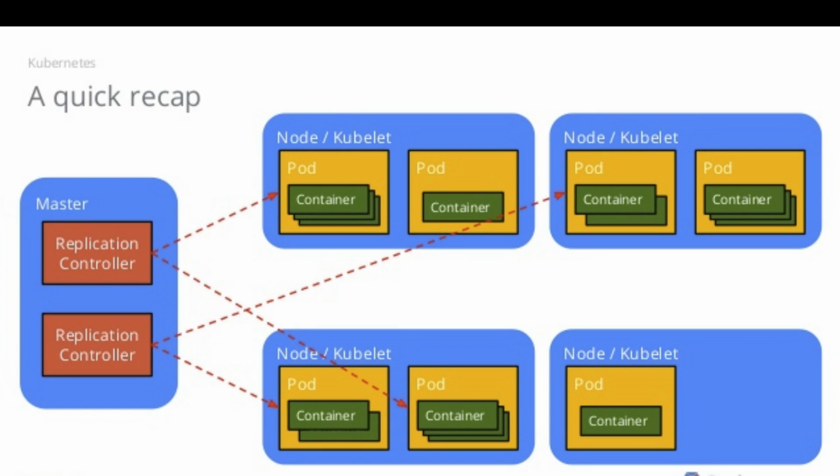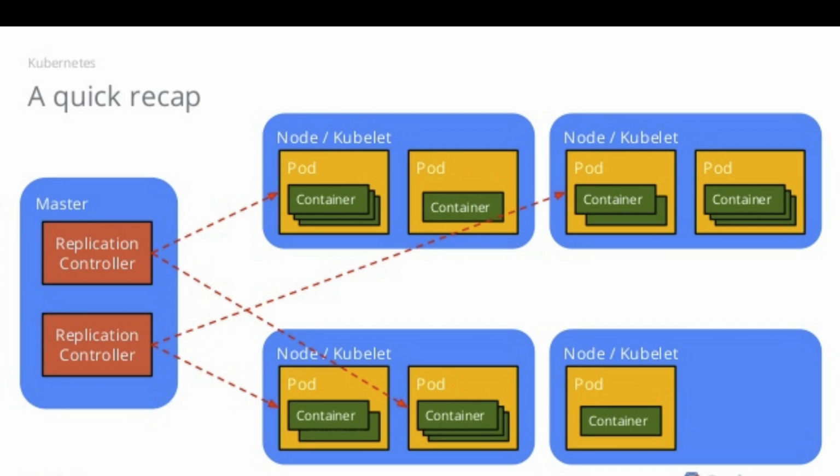So this is kind of how Kubernetes looks, a visualization of it. You have your master that has replication controllers. Replication controllers essentially make sure that if I say I want 3 copies of a pod, there are 3 copies of that pod. It also contains a history of how I change deployments.